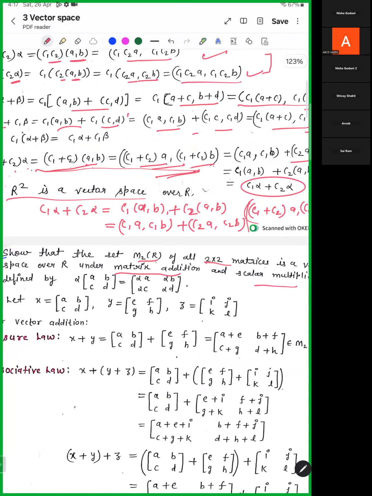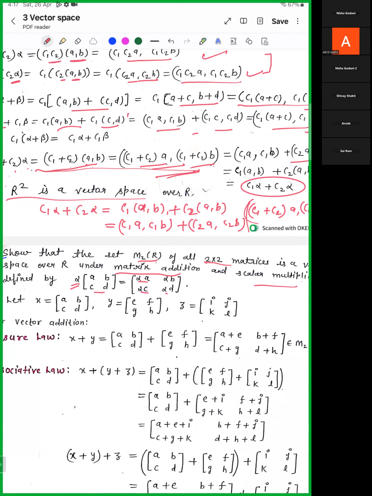When you have to multiply a matrix by a scalar alpha, alpha is multiplied in each element. So it is saying that if you have the set of 2 cross 2 matrices, and you have matrix addition and scalar multiplication of matrices as the two operations, then it is a vector space.